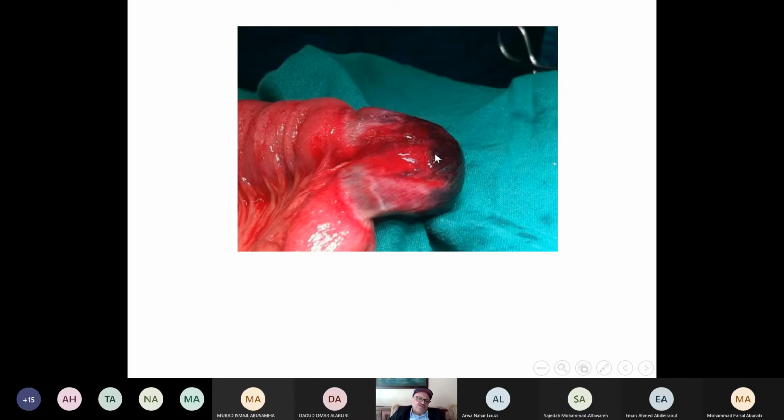Soon it will become ischemic. Look at the proximal bowel, although it is obstructed, but still it is healthy because it has enough time and capacity to dilate and accommodate. But this piece is strangulated and obstructed at two sides. So it gets ischemic soon, few hours.